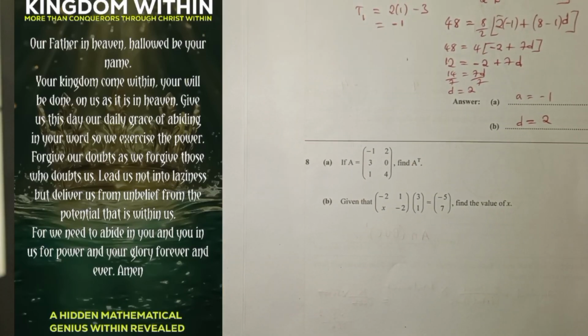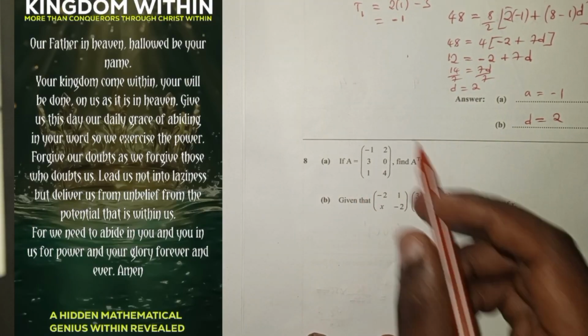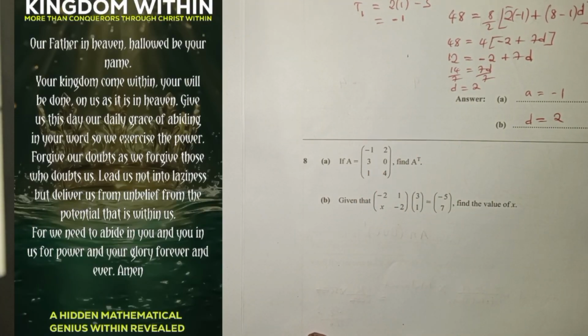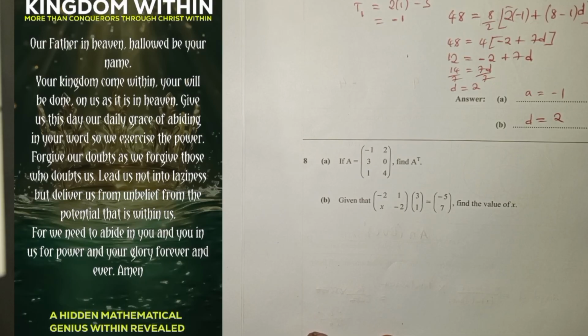Okay, then question 8. If A is equal to, so that's a matrix, find A to the power T. A to the power T, that is the transpose. Okay, to transpose a matrix is just to change the rows to become columns, or the columns to become rows.